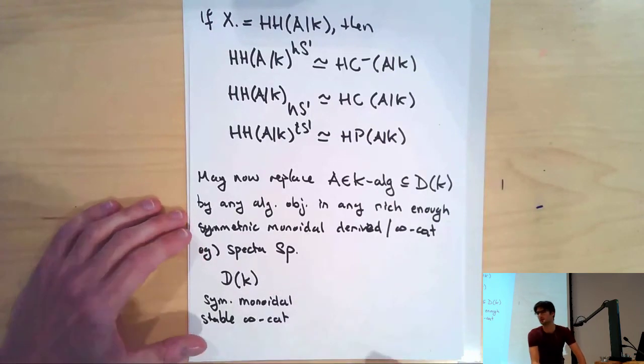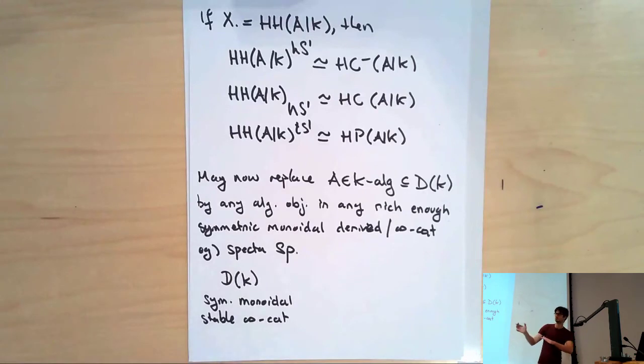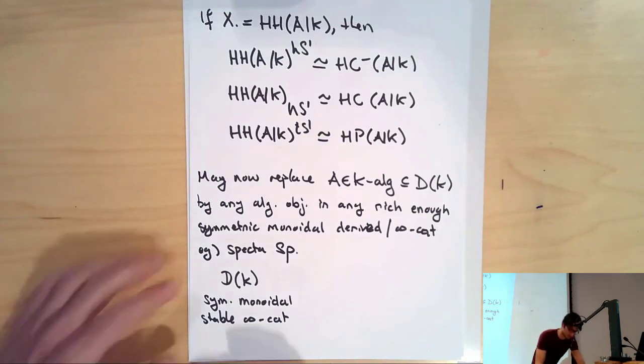We understand how to look at complexes. We understand how to pass between simplicial K-modules and complexes. That is to say, we can geometrically realize here.